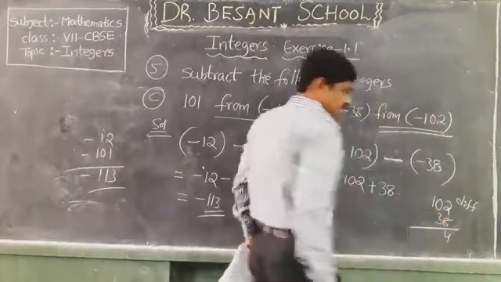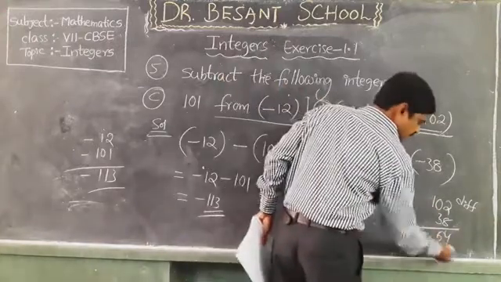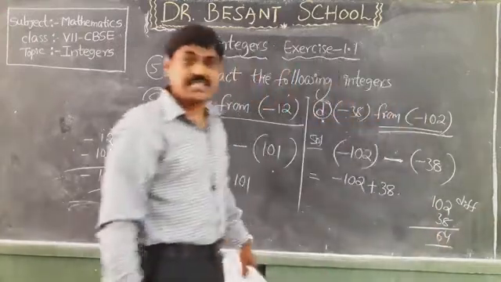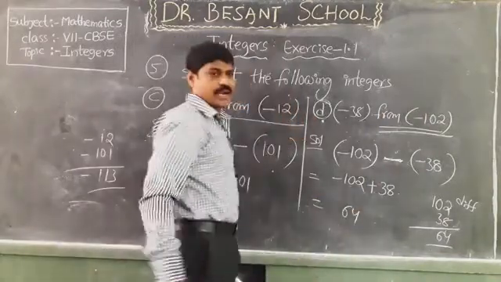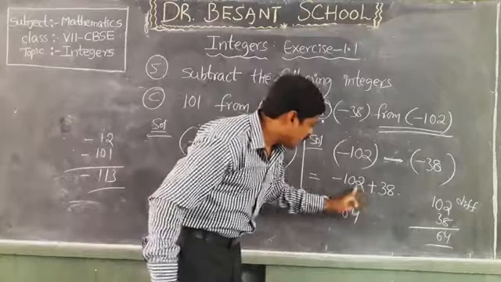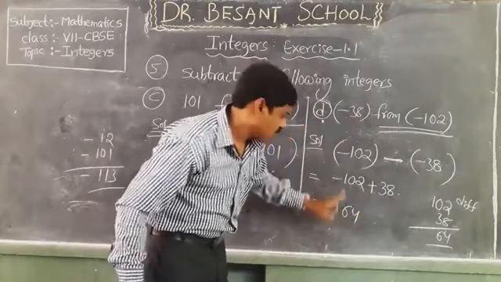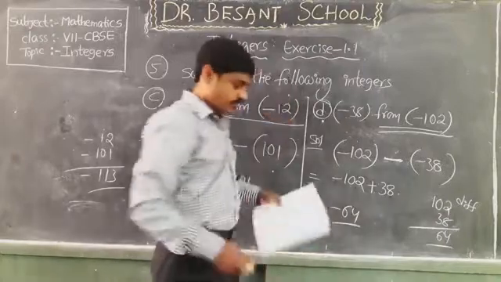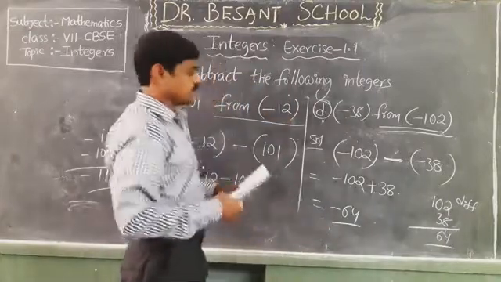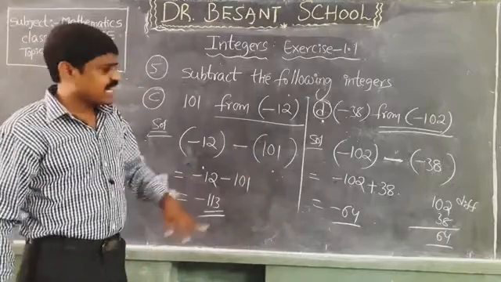Next, it is 9. 9 minus 3, 6. So what is the difference? 64 is the difference. So 64 you have to write. Now that 102, 38: 102 has what? Negative sign. So that's the reason we have to write a negative sign. Minus 64. Understood or not?